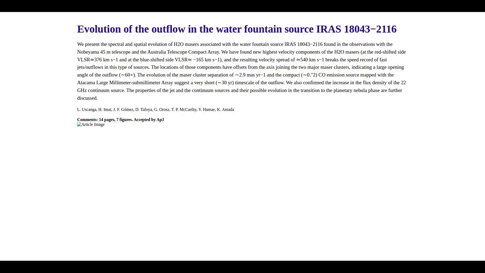found in the observations with the Nobeyama 45 m telescope and the Australia Telescope Compact Array. We have found new highest velocity components of the H2O masers, and the resulting velocity spread of 540 km/s breaks the speed record of fast jet outflows in this type of source.